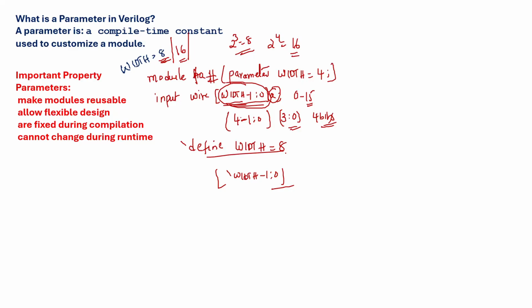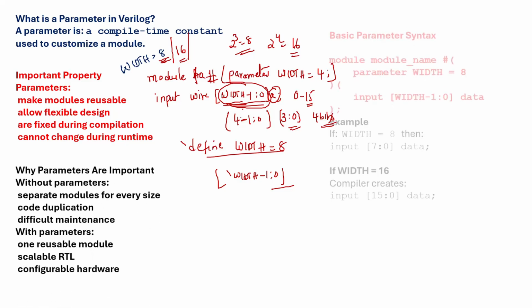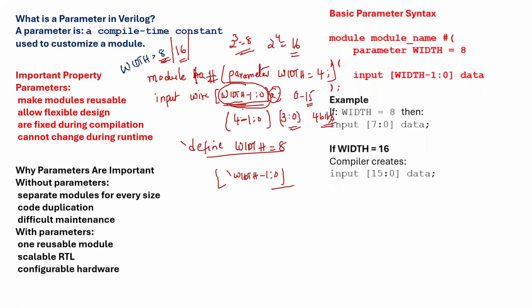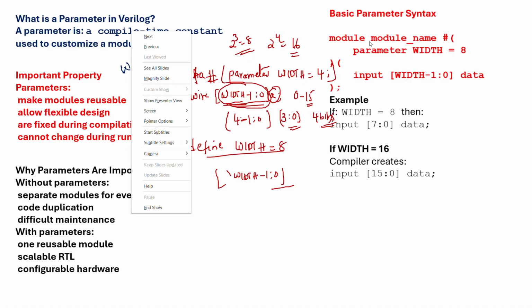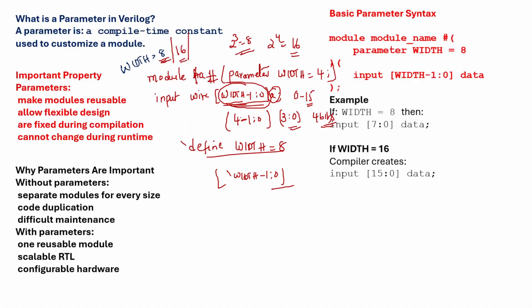If you are considering width and depth, all these things in your module, this is my module; this is how I represent the parameters: module name, then parameter. Parameter is the keyword, and width is the constant. Here I am taking width as 8.